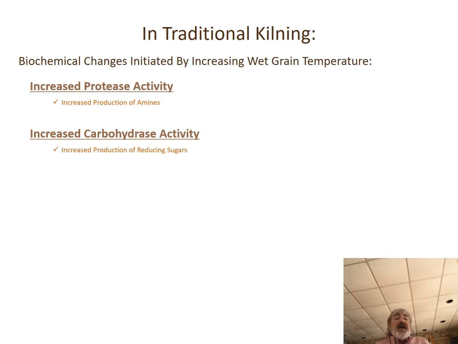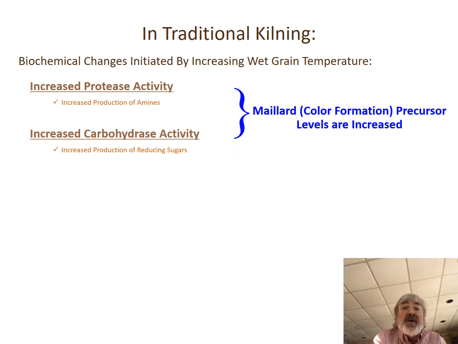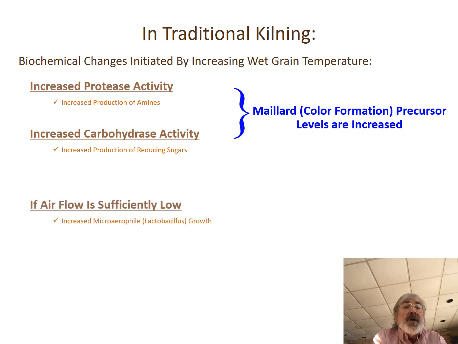In traditional kilning, these are the biochemical changes that I was talking about before. When the grain is wet, you can increase the wet grain temperature, you can increase protease activity and carbohydrase activity and other enzyme activity as well. That gives you the Maillard precursors. If you have too slow airflow, then you can actually get some microaerophilic lactobacillus growth, and that will give you color and flavor as well.